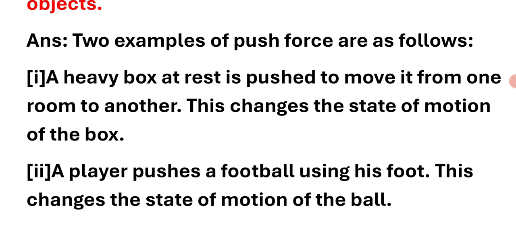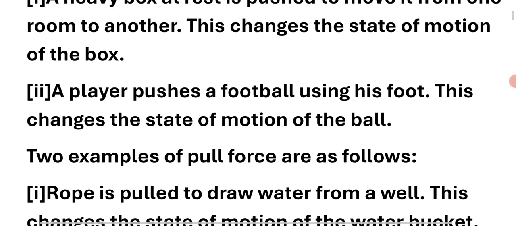First one, a heavy box at rest is pushed to move it from one room to another. This changes the state of motion of the box. Second one, a player pushes a football using his foot. This changes the state of motion of the ball.